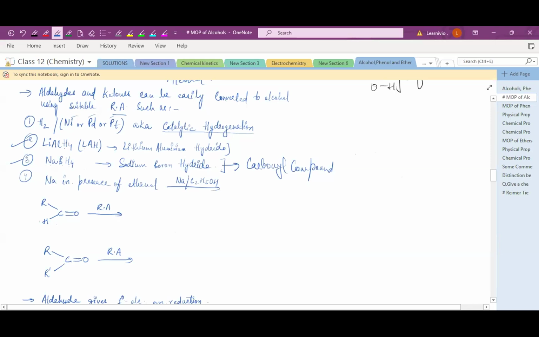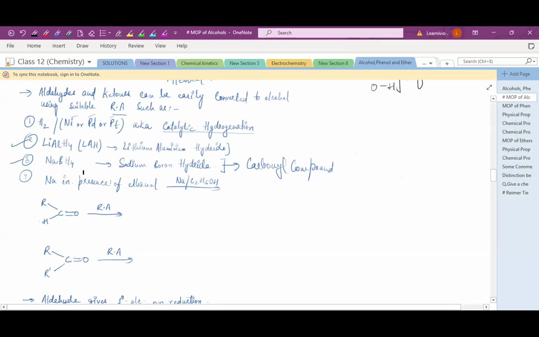Sodium borohydride has limitations. It will reduce only a carbonyl compound, whether aldehyde or ketone. It will not be able to reduce the ester, carboxylic acid, etc. So this is not as strong as lithium aluminium hydride.